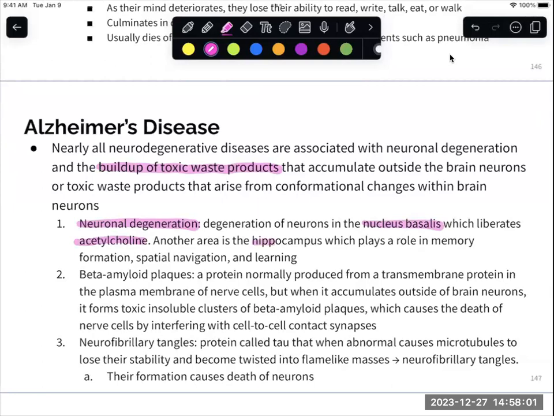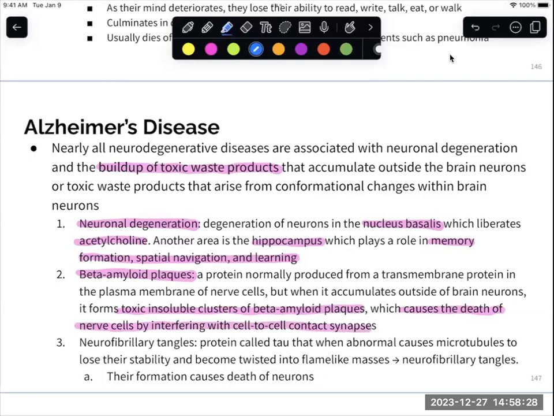The hippocampus is another place, because it forms memories. We get these beta amyloid plaques that are going to start to build up. They become toxic as they build up, which causes neurons to die.